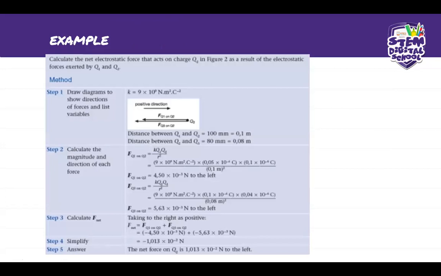Okay. So how are we going to do this? To draw our free body diagram.